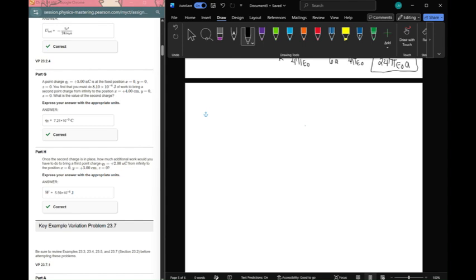You find that you must do 8.10 times 10 to the power of negative 6 joules of work to bring a second point charge from infinity to the position x equals positive 4 centimeters, y equals 0, z equals 0. What is the value of the second charge? So I'm gonna go ahead and make the diagram.